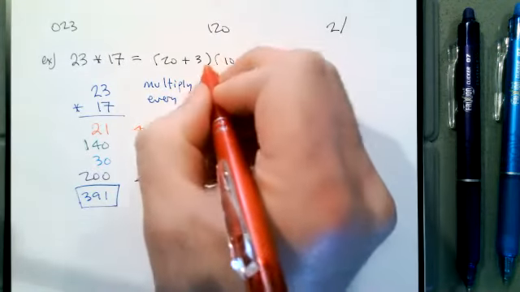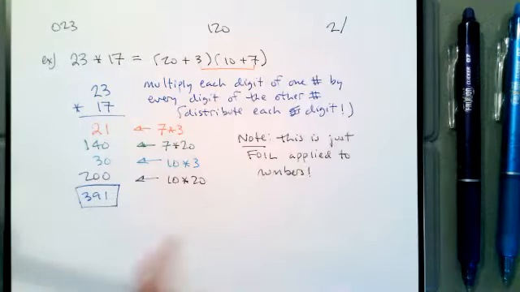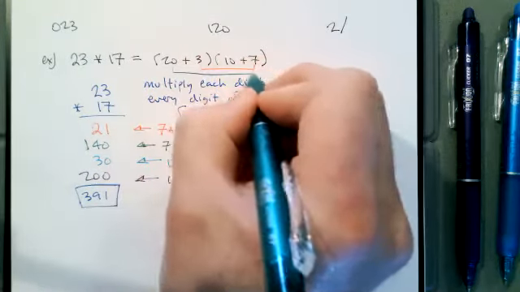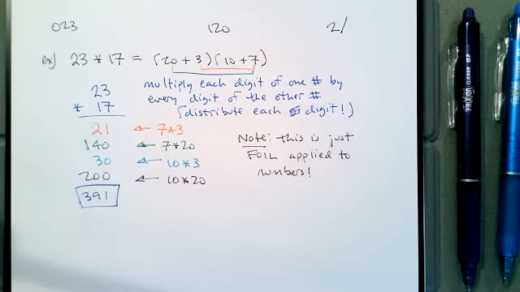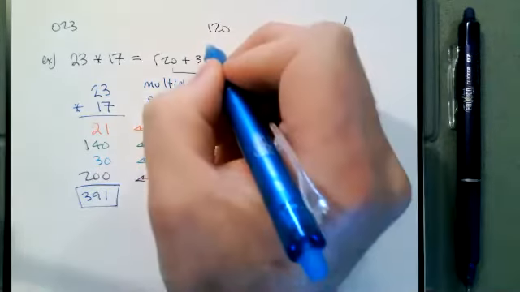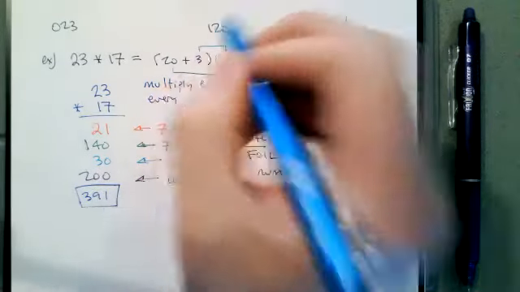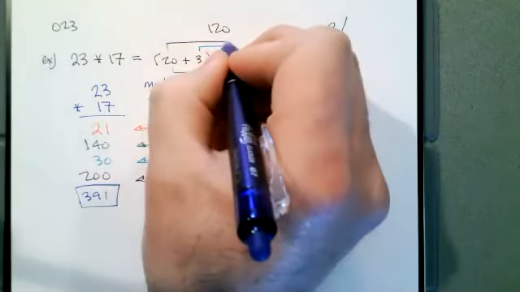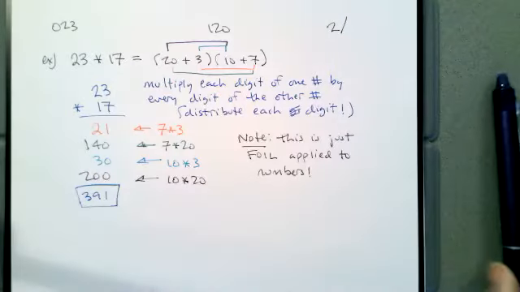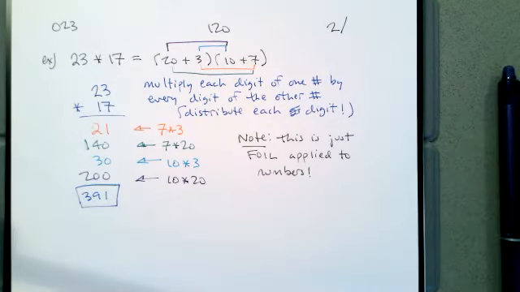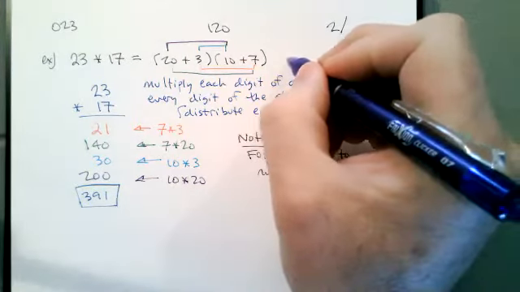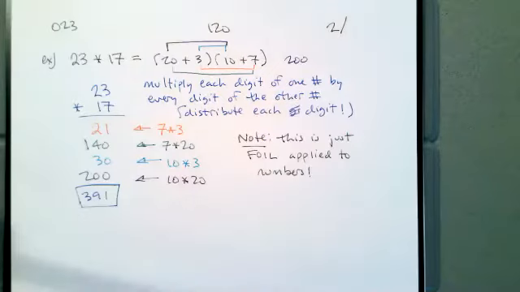And we just make all the pairs. 7 times 3, 7 times 20, 3 times 10, and 20 times 10. Four products that we're adding together. FOIL just does it in a different order.